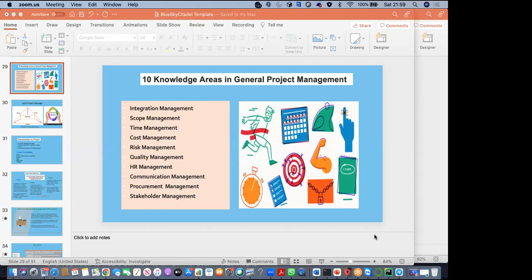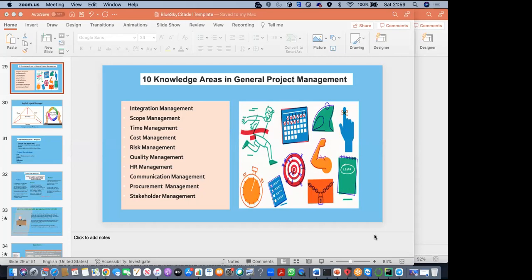Now, there are three parts. There is what we call the triple constraints of project management. What are they? What are the triple constraints of project management? Does anyone know? Cost, time, and quality. Cost, time, and quality. Well done. You've tried, but not exactly. Anybody else?